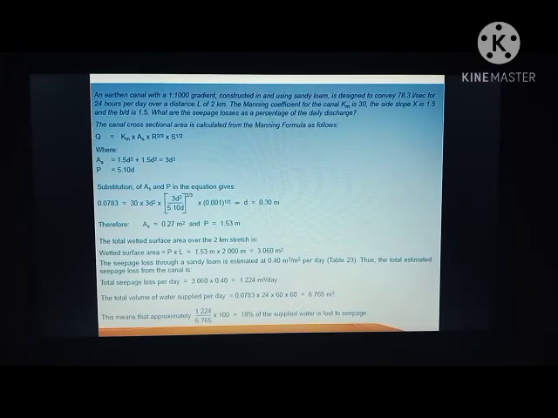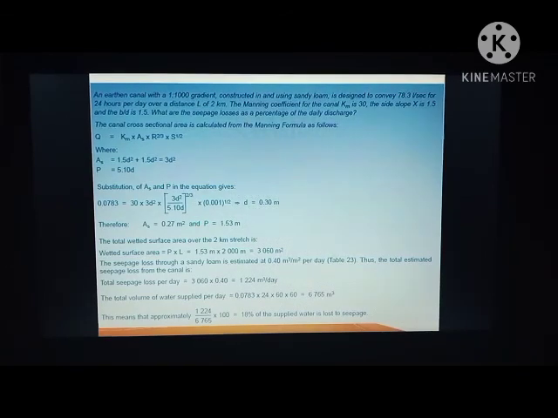We have D equal to 0.30 meters. Therefore, AS is equal to 0.27 meters squared and the perimeter is equal to 1.53 meters.